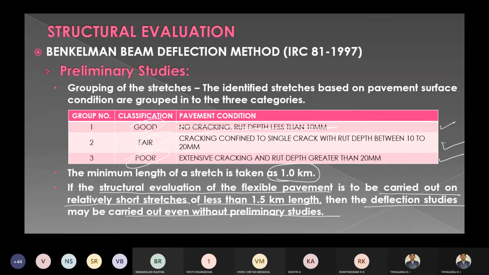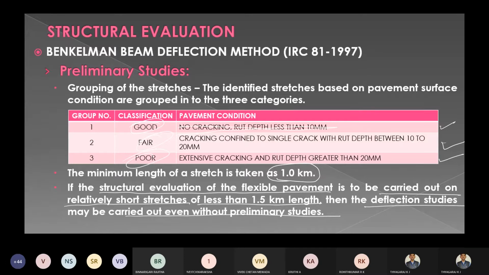And if the BBD studies are to be carried out for a length less than 1.5 kilometer, the preliminary survey is not necessary. If it is greater than 1.5 kilometer, we have to go for this preliminary survey.